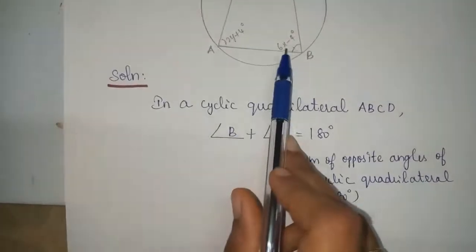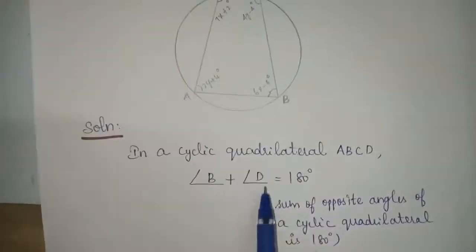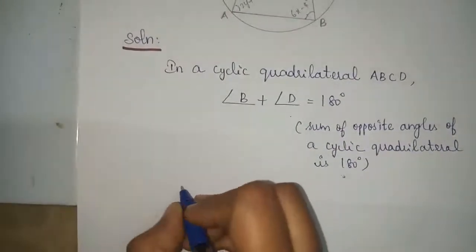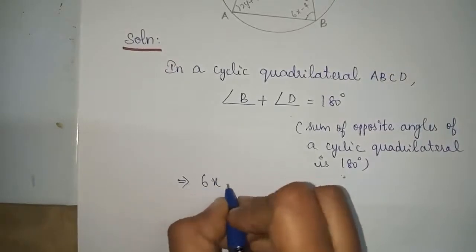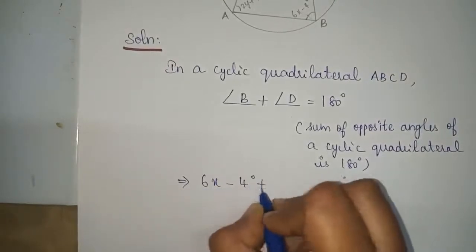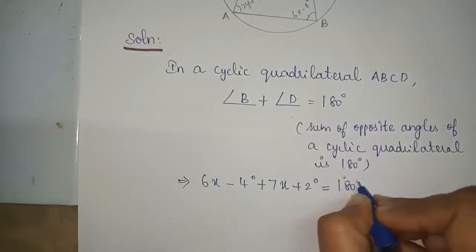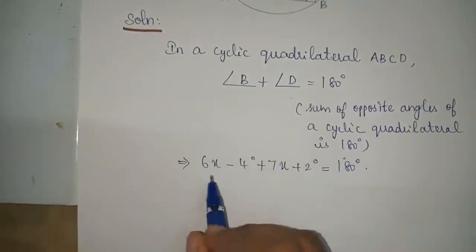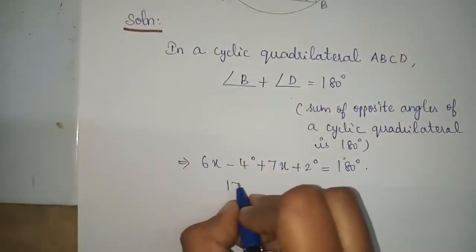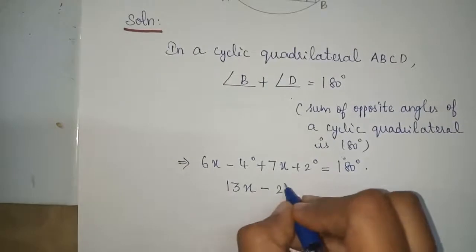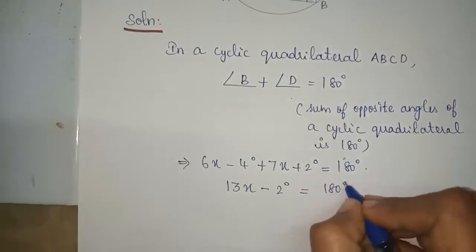Here angle B is 6x minus 4 and angle D is 7x plus 2, which implies 6x minus 4 degrees plus 7x plus 2 degrees is equal to 180 degrees. Now add: 6x plus 7x is 13x, minus 4 plus 2 is minus 2 degrees, which is equal to 180 degrees.